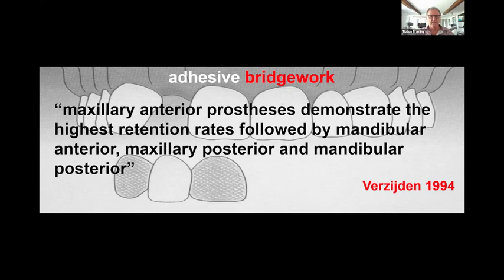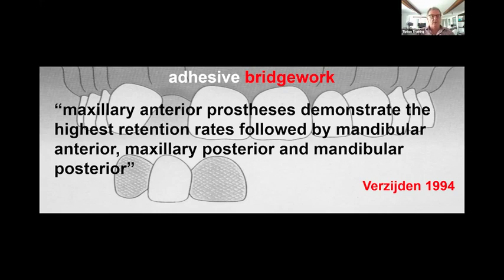Do exactly the same thing on a lower Maryland, and you now bite on the pontic. That pontic is being pushed downwards, and therefore the cement lute is now under shear.